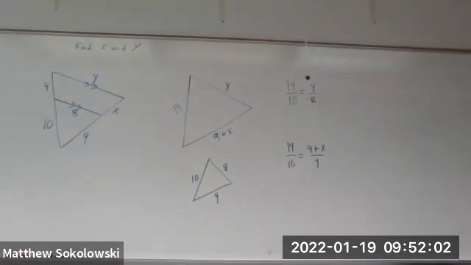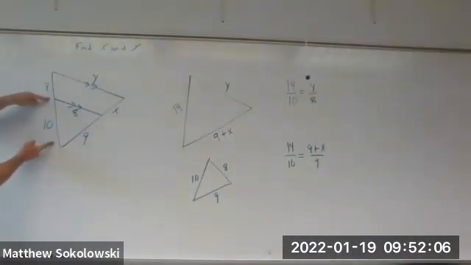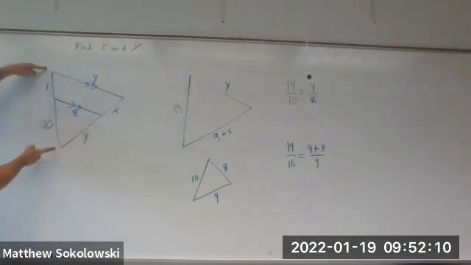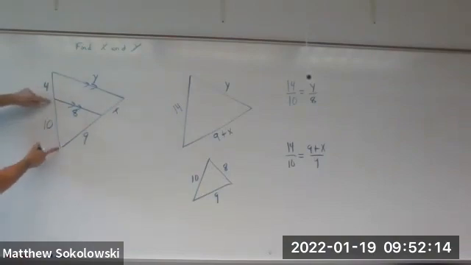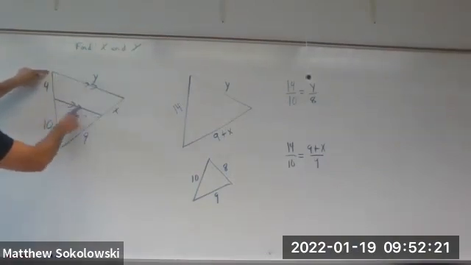Okay, can you see the proportions? 14 over 10, 9 plus x over 9. 14 is this side in the big triangle over 10, this side in the little triangle, equals y, that side in the big triangle, over 8, that side in the little triangle.